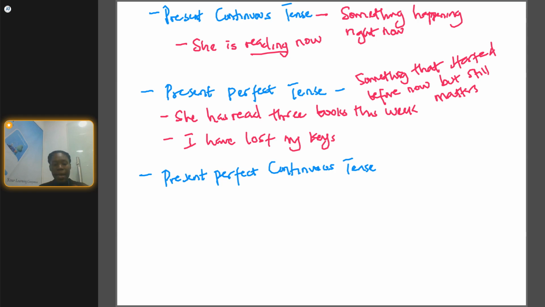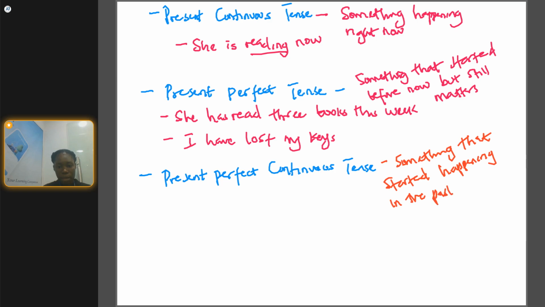So you can say present perfect continuous tense: something that started happening in the past but is still happening presently. That thing is still happening presently.